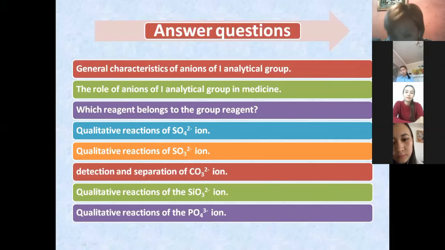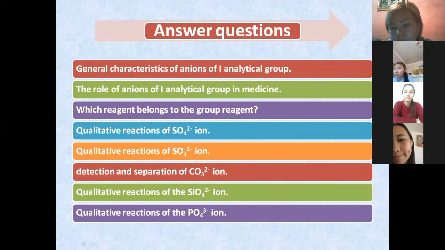Qualitative reaction of the phosphate ion. Phosphate ion, an anion of phosphoric acid. In aqueous solutions, tribasic phosphoric acid dissociates the first hydrogen ion as an acid of medium strength.